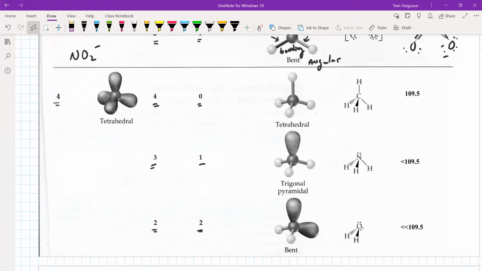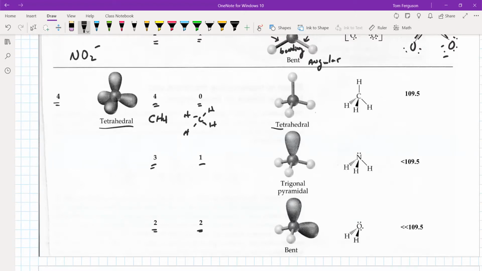Okay, so if we look at methane, we have no electron pairs, so it's going to be 4 and 0.